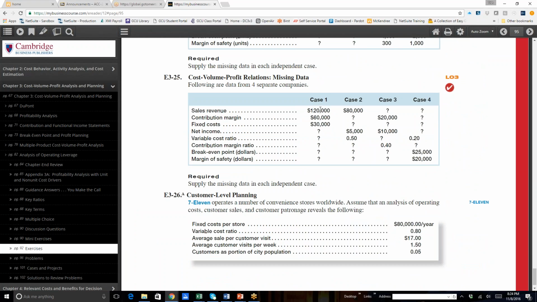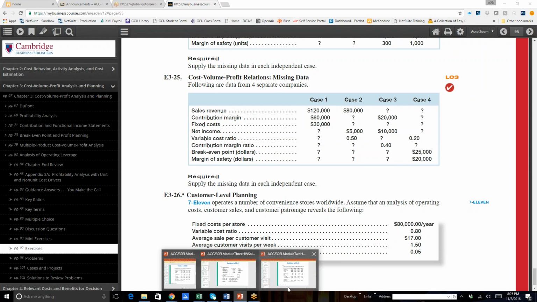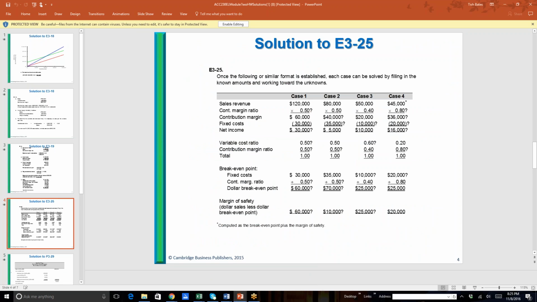Okay, so in case one, it gave you 120, 60, and 30. You had to come up with the net income, the variable cost ratio, the contribution margin ratio, the break-even point, and the margin of safety in dollars. So you had 120,000.